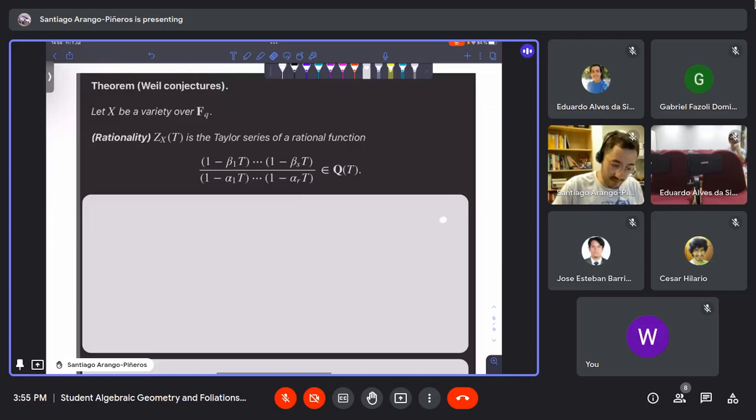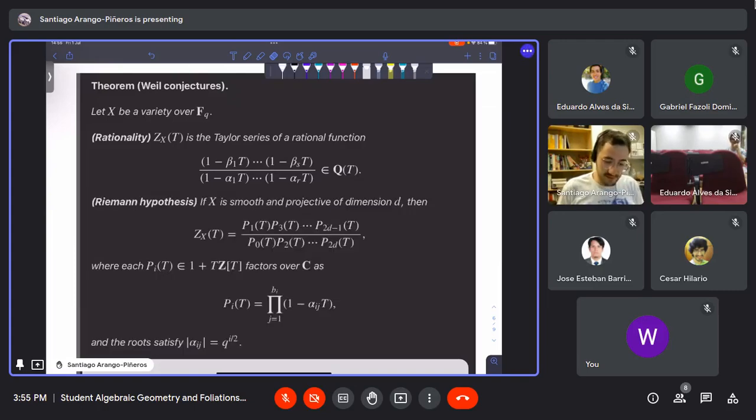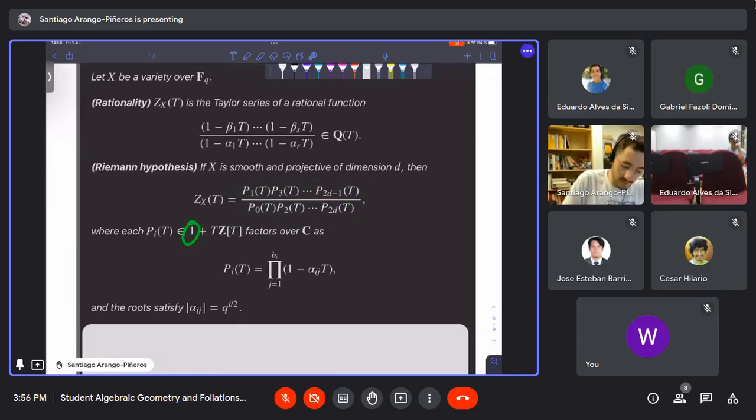The second conjecture is that when our variety is smooth and projective, then we can factor the rational function in this form. So we have the terms of odd degree upstairs, terms of even degree downstairs. These are all polynomials with constant coefficient equal to 1.